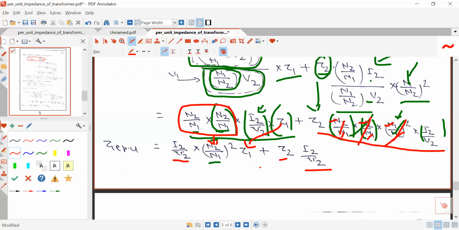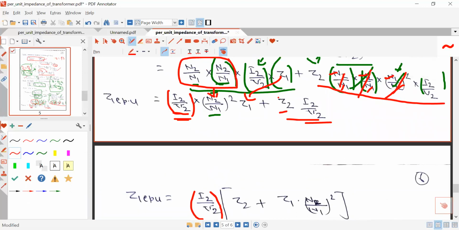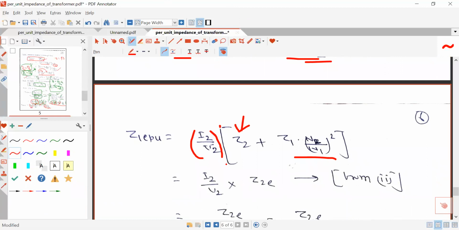Or you can take I2 by V2 common, because this ratio exists in both terms. When you take I2 by V2 common, the remaining term is Z2, and in the first term it will be Z1 into N2 by N1 whole square, and you can write this as, what is this?